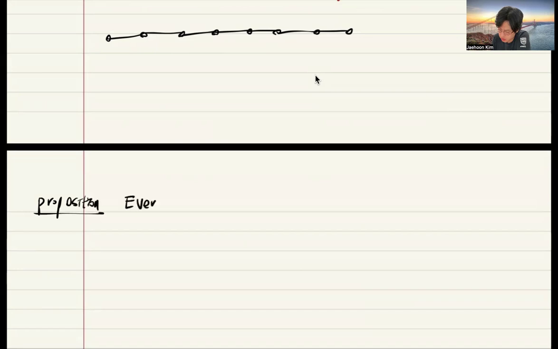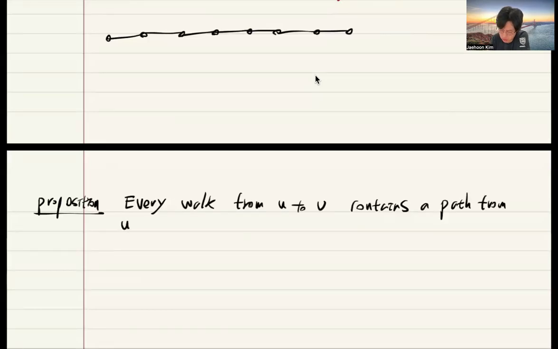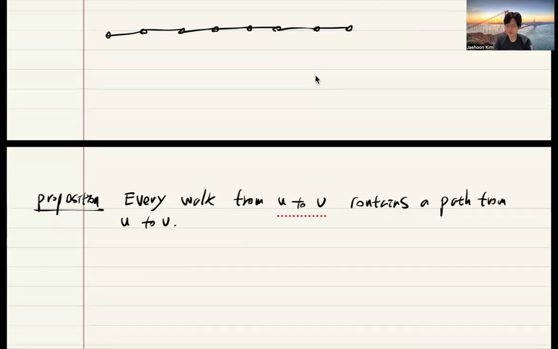If you have a walk from U to V, it contains a path from U to V. So we can prove this proposition.